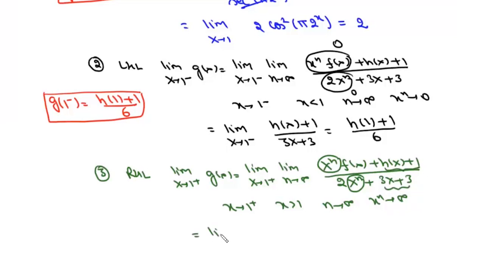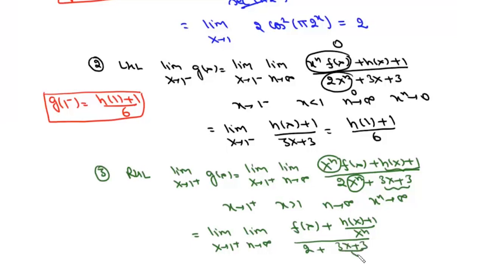So it will be this limit x tends to 1 positive, limit n tends to infinite, f x plus h x plus 1 upon x to the power n divided by 2 plus 3x plus 3 upon x to the power n.